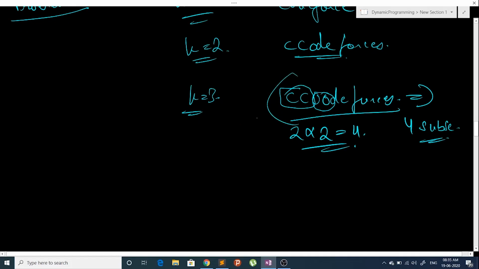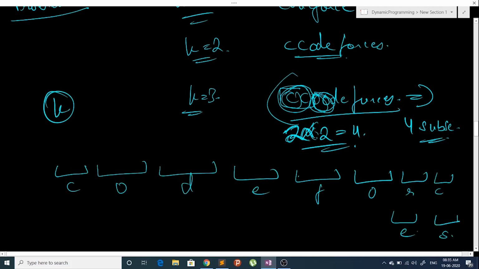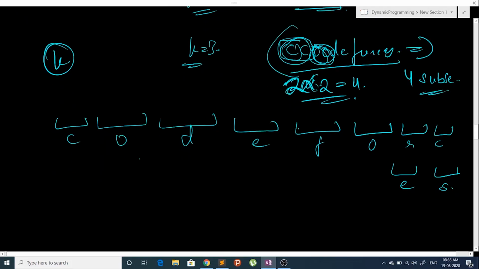If I take multiple characters, I can just multiply them. So I will get 4 subsequences here. Similarly, if we are given any k, what I will do is take the frequency of C, O, D, and all of these nearly equal, because then only I will have the minimum length string.